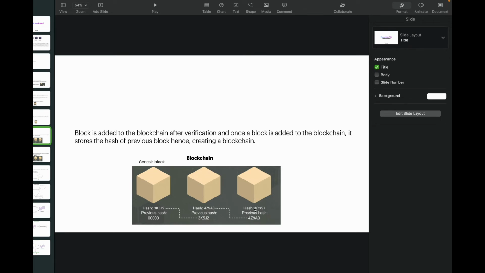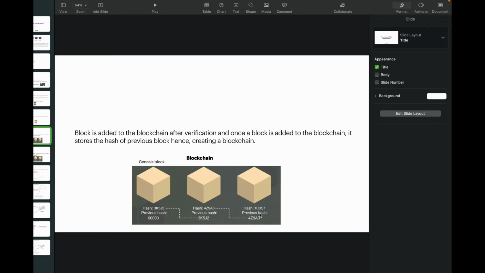Whenever a new block is added into a blockchain, it also stores the hash of the previous block, and that is how it forms a chain of blocks. As you see, this second block is storing the hash of the first block, hence forming a chain with the first block.